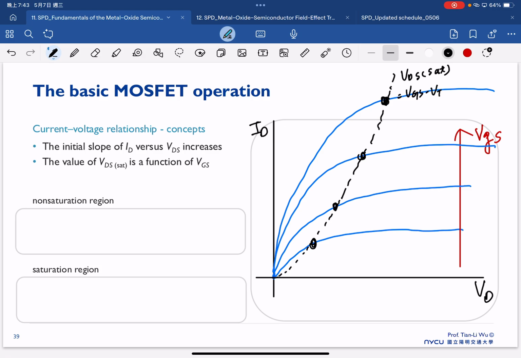And we can divide this graph into two regions. The left hand side we call the linear region, and the right hand side we call the saturation region.